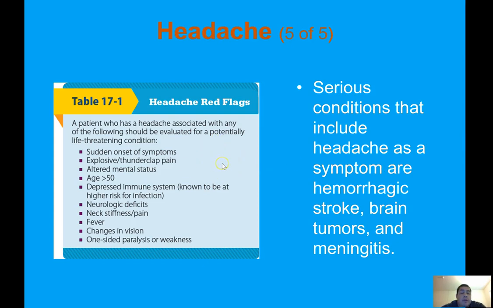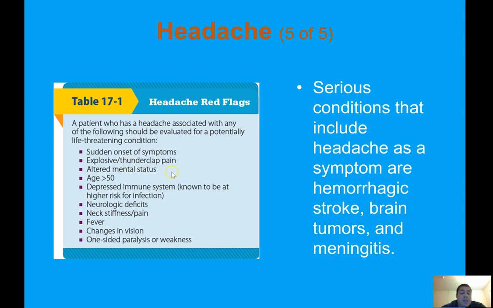So here's a little table showing you guys headache red flags. A patient who has a headache associated with any of the following should be evaluated for a potentially life-threatening condition. Sudden onset of symptoms: explosive or thunderclap pain is going to be pretty indicative of hemorrhagic stroke.